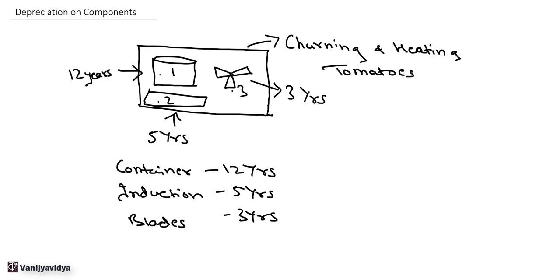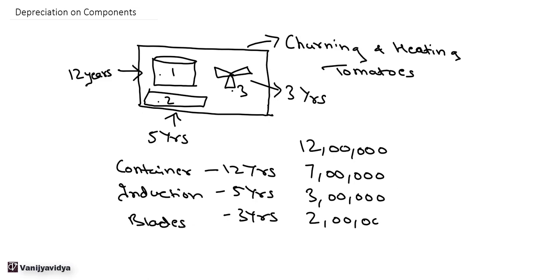Say the total cost of machinery is 12 lakhs, out of which the container is 7 lakhs, the induction is 3 lakhs and 2 lakhs is the blades.